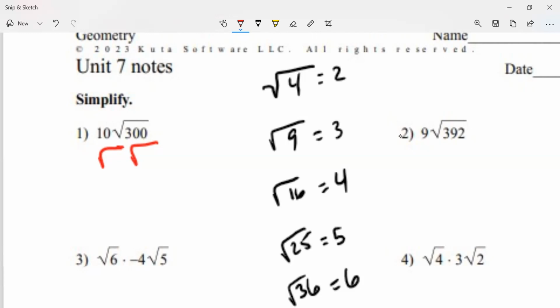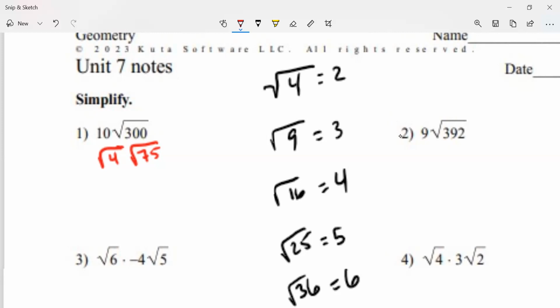Okay, I can think of 4 times 75. 4 times 75 is 300. One of them is a perfect square. And to be honest, the way I find out, I start dividing my numbers. I divided 300 by 4, and it worked. If it didn't work, I could have tried 300 divided by 9, 300 divided by 16, 300 divided by 25.